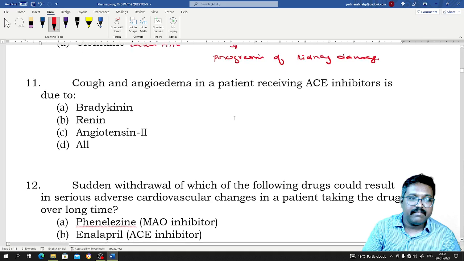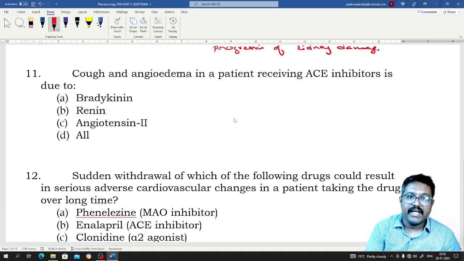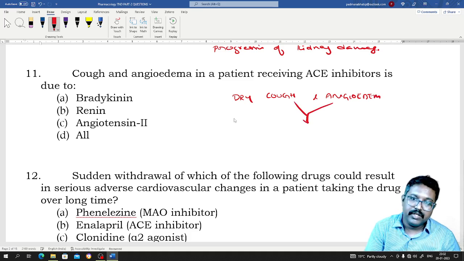Next, moving on to the 11th MCQ, that is the cough and angioedema in a patient receiving an ACE inhibitor is due to. So please remember the cough, that is dry cough, and the angioedema. Both of them are mainly due to the increase in the bradykinin levels, since the ACE inhibitor inhibits the ACE enzyme.